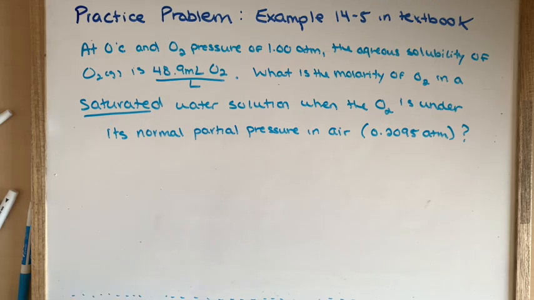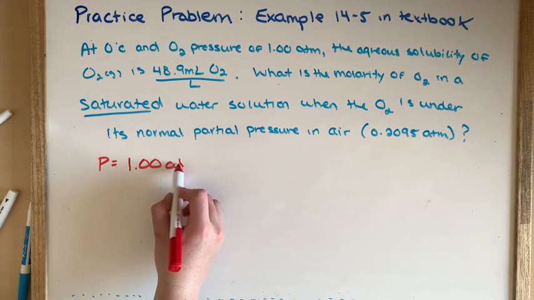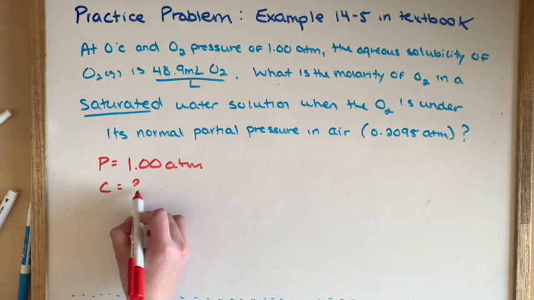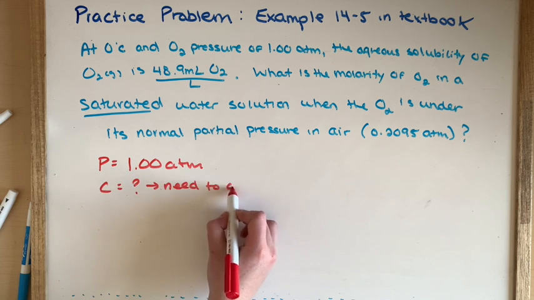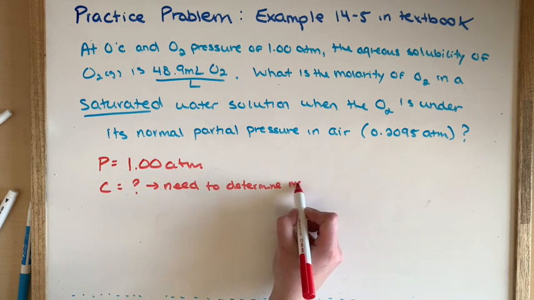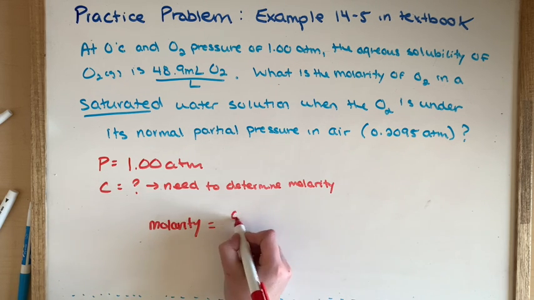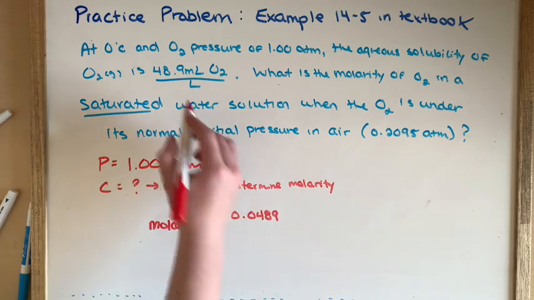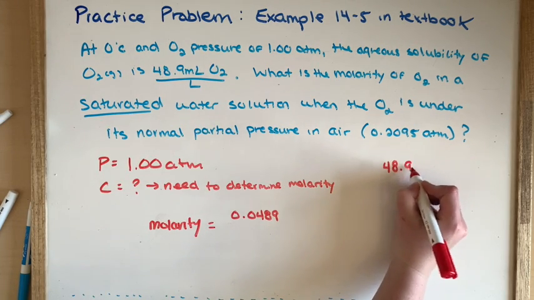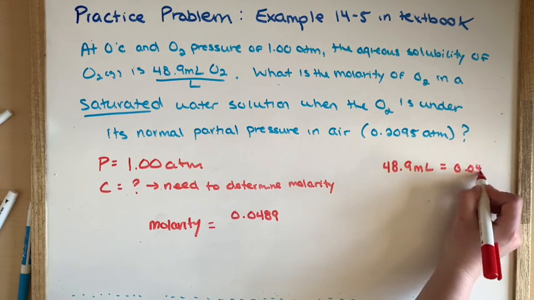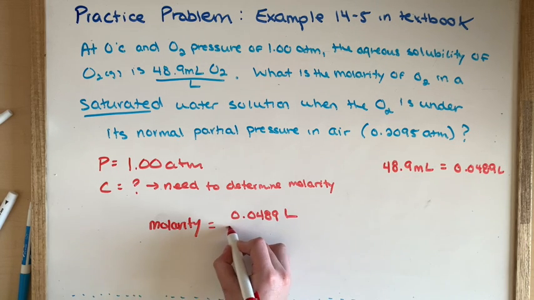Alright, so we'll begin the question by listing all of our knowns. We know the pressure of oxygen at 0 degrees Celsius is 1 atmosphere. We don't know our solubility yet, but we can determine that by solving for a molarity. So we know that there's 48.9 milliliters of oxygen per liter, and that is equal to 0.0489 liters.